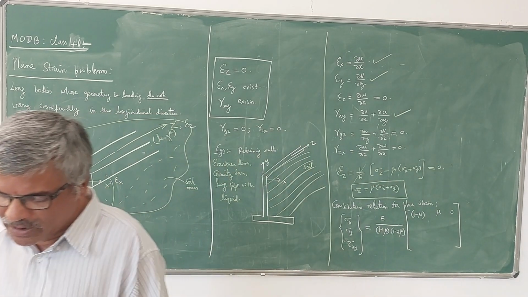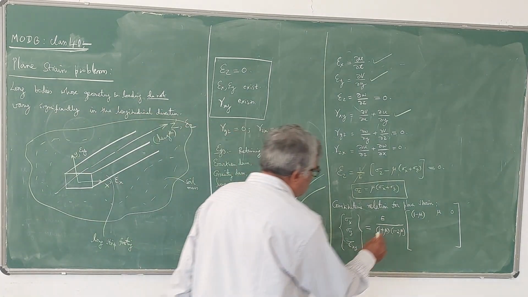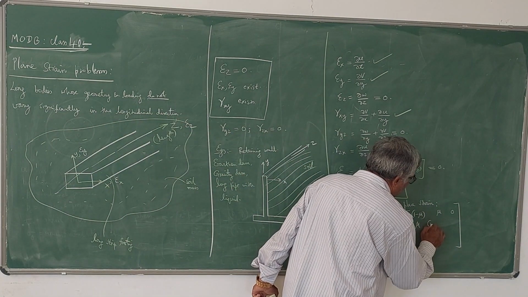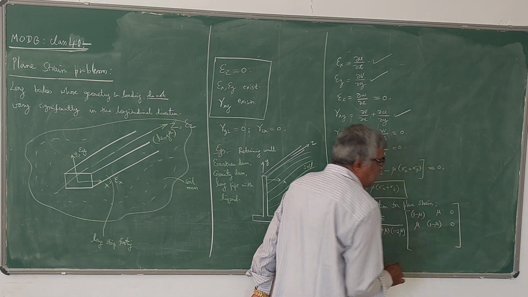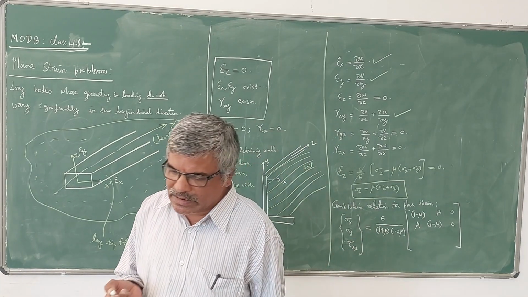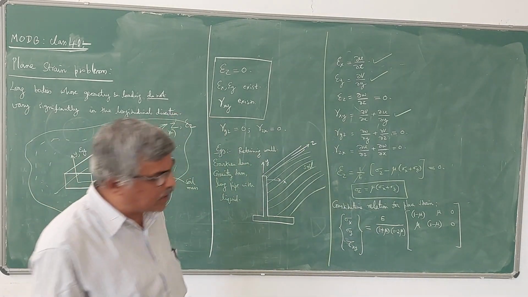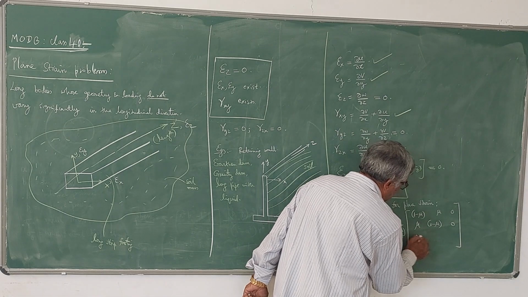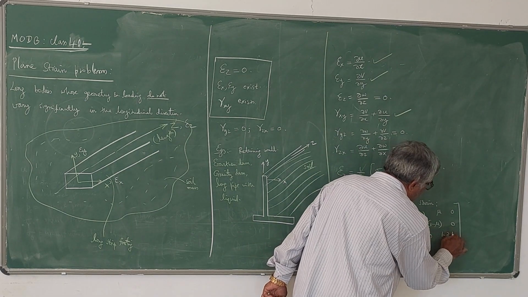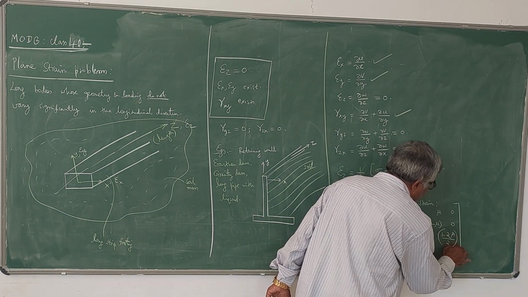Second row will be mu, 1 minus mu, 0, and the third row will be 0, 0, 1 minus 2 mu by 2. So this is the constitutive relation.